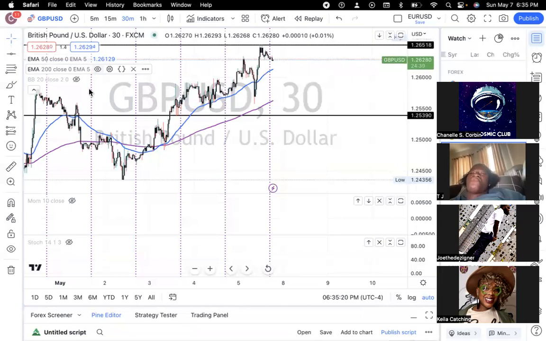You can also use your EMAs as your support and resistance. So for example, if we were to get into a sell up here, then we can set our TP here, because this is the area of support. And we know it's the area of support because look at previous trades. Look at this area. It was supported. Look at this area, and it's all along the EMA.